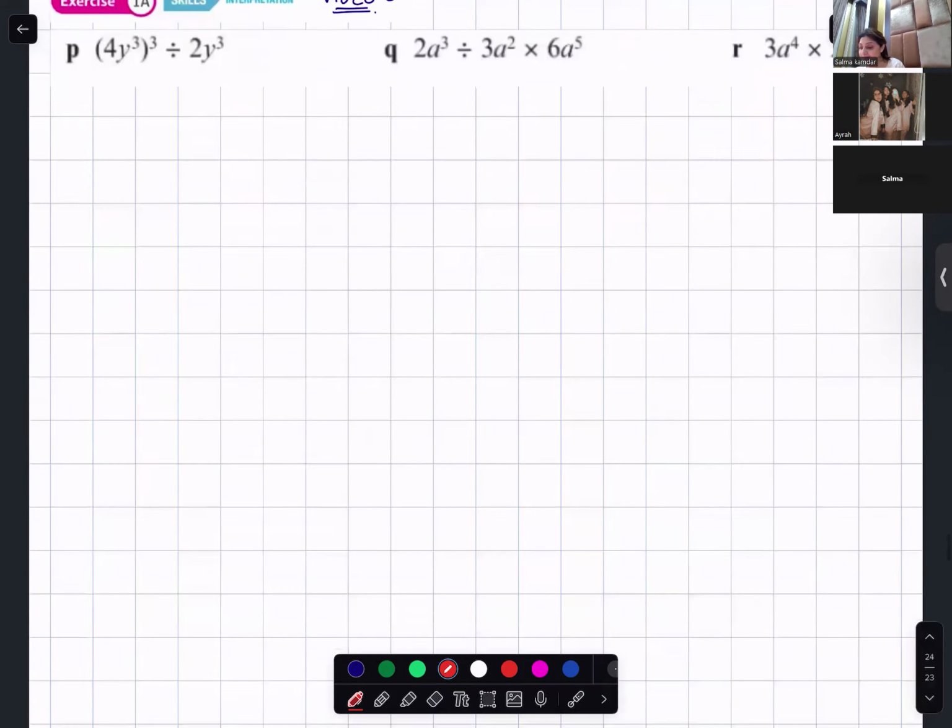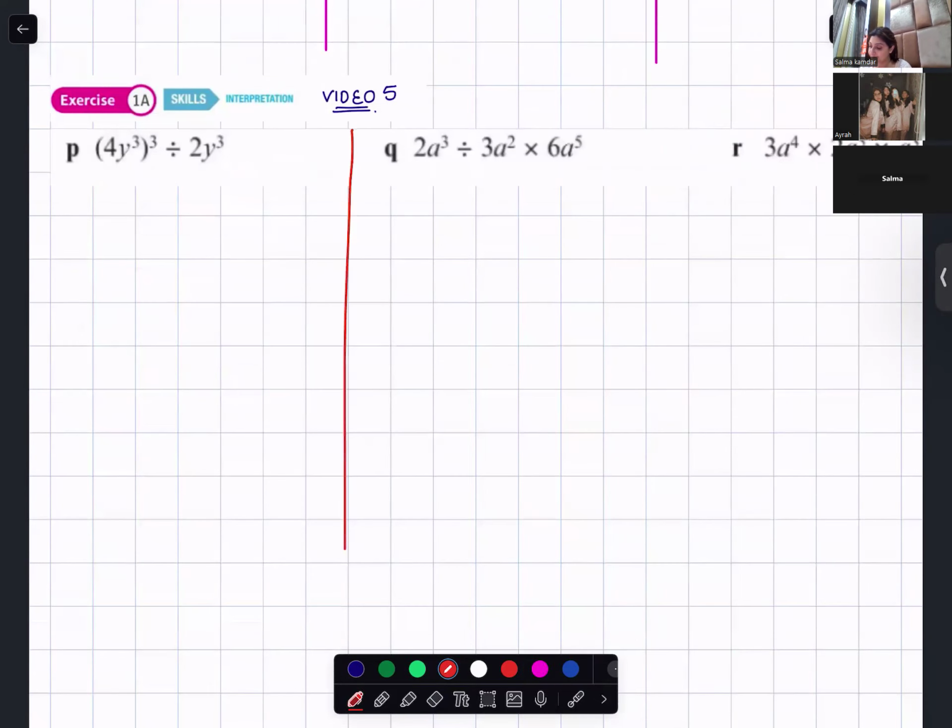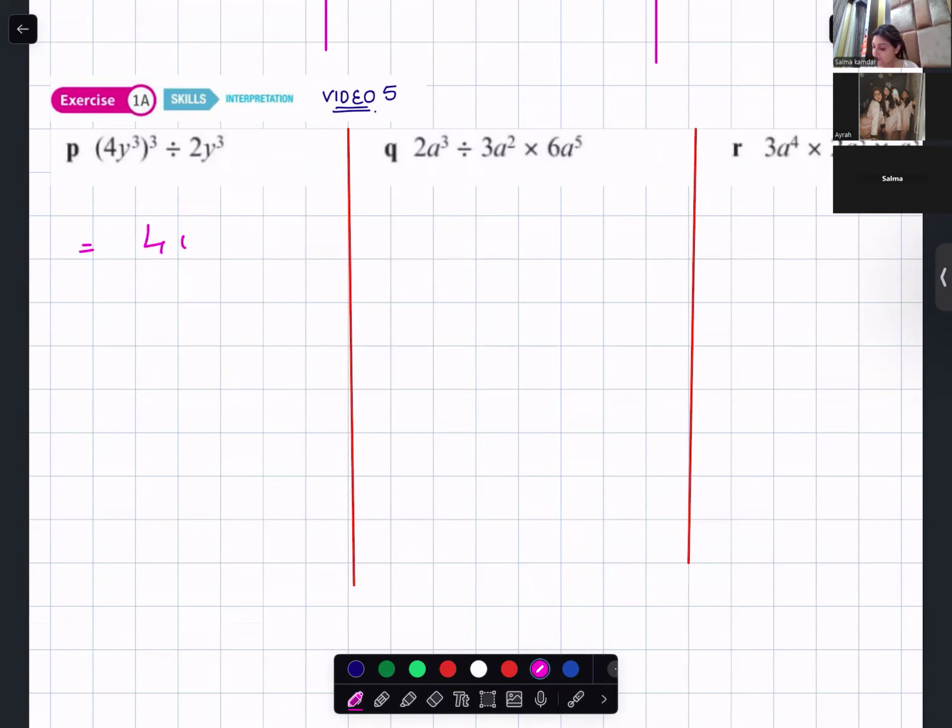Now the next three. First thing, you always write properly. So this will be 4y cube, the whole cube, divided by 2y cube. Remember, this 3 would go to 4, and this 3 would go to this also.